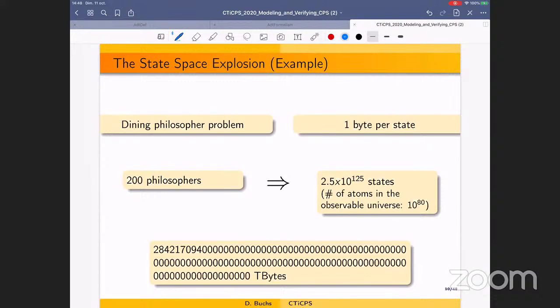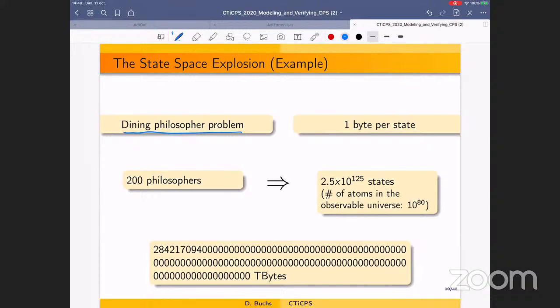A simple example can be given from the dining philosophers problem. If you look at this problem, there are many philosophers around the table that want to go to the state eat or think.